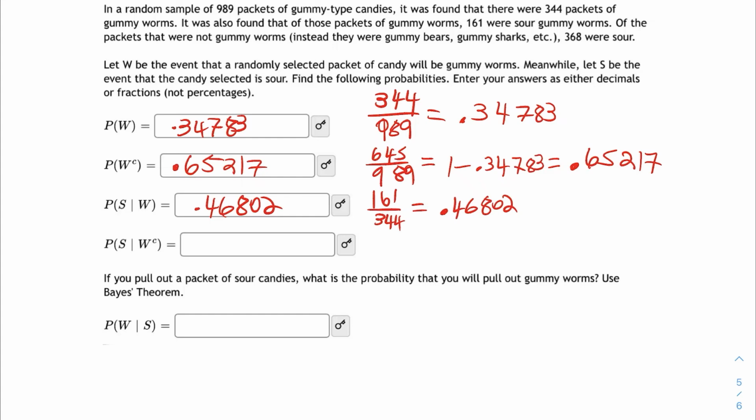First we need to find out how many of these were not gummy worms. We already said that was 645, which is the 344 gummy worms subtracted from the 989 total packets.